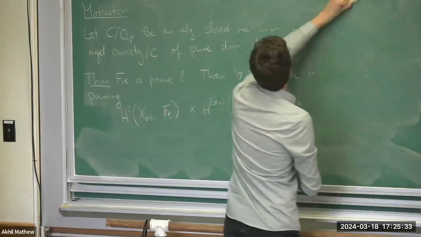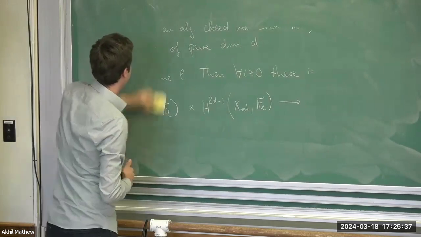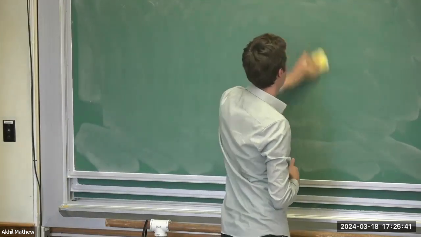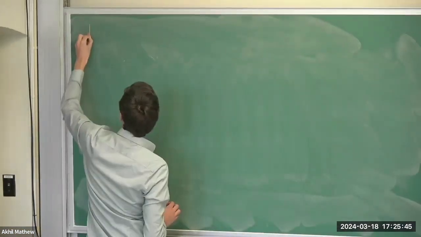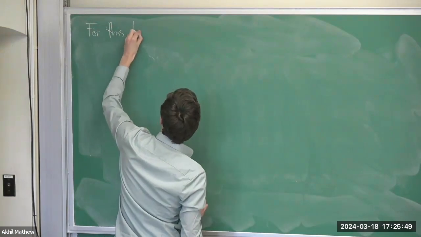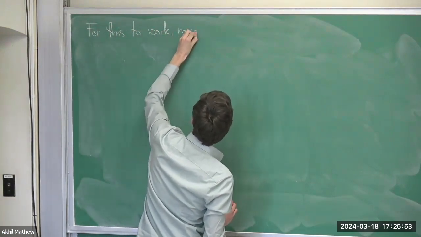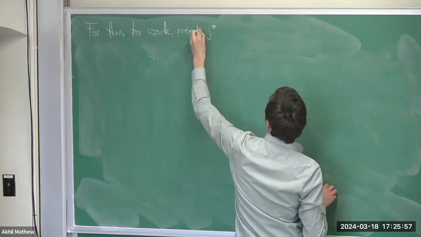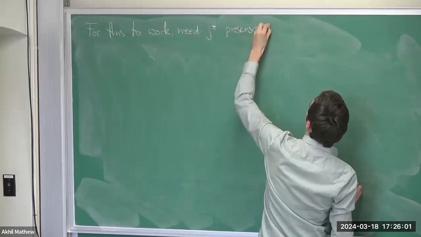Here are my quasi-coherent sheaves. What's the point? For this to work, we need the upper star to preserve products.